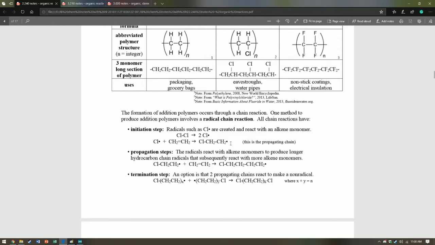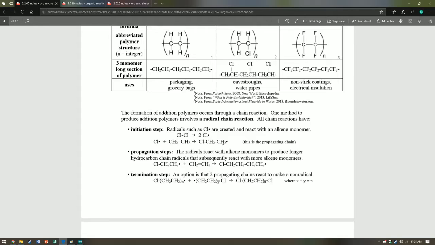This radical will then attack another ethene molecule to form an even larger radical, and the process repeats. That's where the term chain reaction comes from: once you have the chain going, it creates larger and larger molecules.